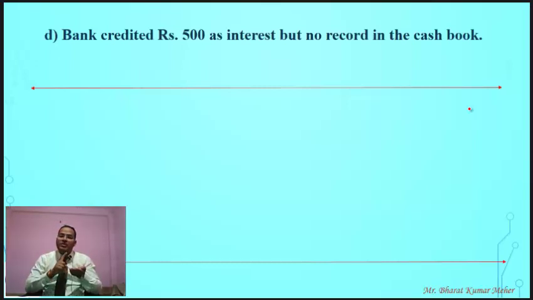Because the bank has credited interest in your account. The bank has given rupees 500 as interest into your account, but no record in the cash book. It means you don't know about it, you didn't record it. Fine. So if bank has credited, now what is the position?